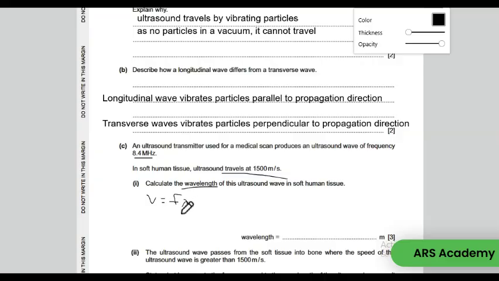So we know that the wave equation is v = fλ, where v is the speed, f is the frequency, and λ is the wavelength. Therefore, λ = v/f. λ = 1500 divided by 8.4 × 10^6 Hz. Therefore, the wavelength is 1.79 × 10^-3 meters.